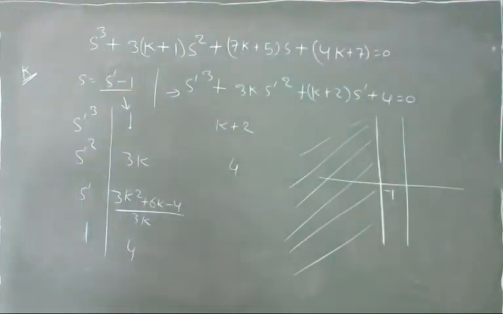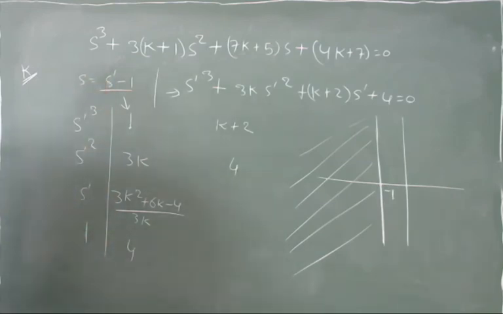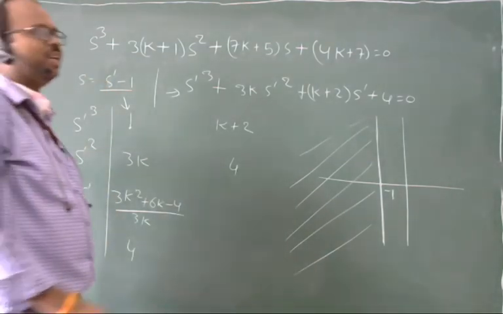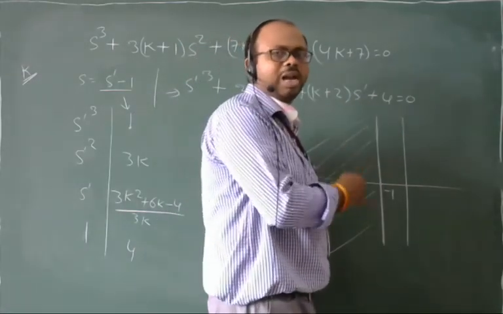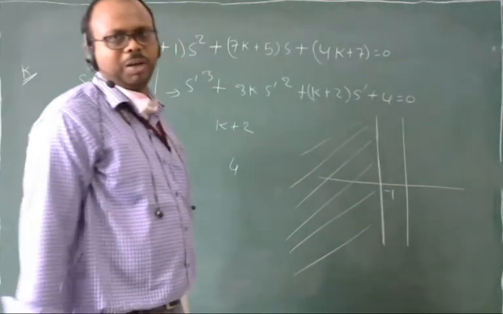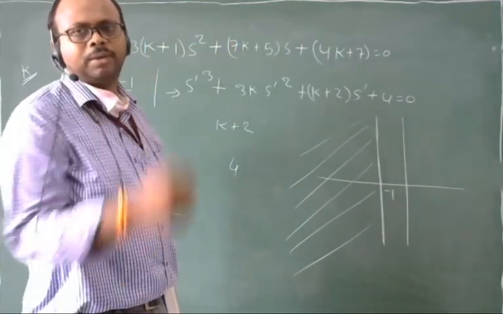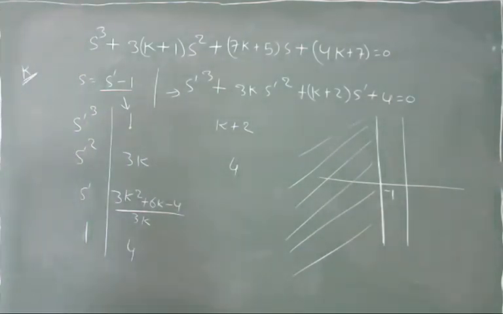The Routh-Hurwitz criterion says that if all the elements in the first column have the same sign, there is no sign change, then there is no root in the right half of the S-plane, meaning in the right half of the origin, in the right half of the j omega axis, S is equal to 0 axis.